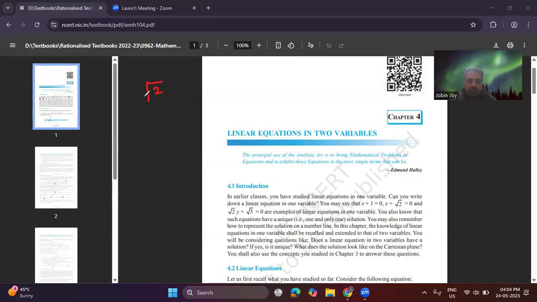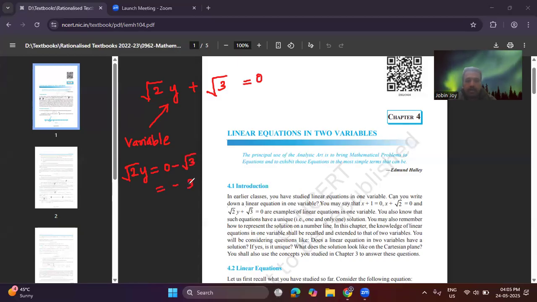I will take another example. Root 2y plus root 3 is equal to 0. Again, this linear equation contains only one variable and the variable is y. This is our variable y. And how will we calculate the solution? So root 2y is equal to 0 minus root 3.